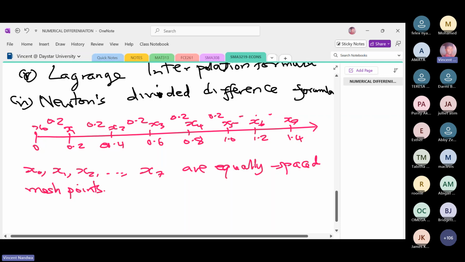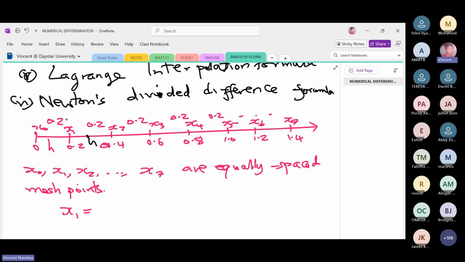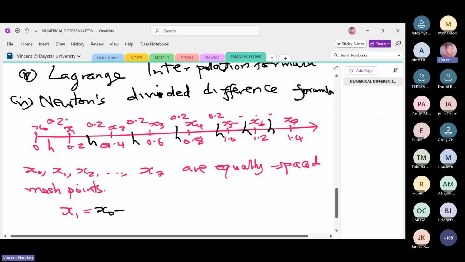And for the case of equally spaced mesh points, from what you did, you remember that all of them can be defined with respect to the initial or the starting mesh point x0. For example, x1, if the spacing is h units, then x1 is the same as x0 plus h.